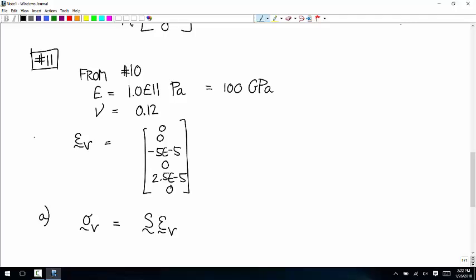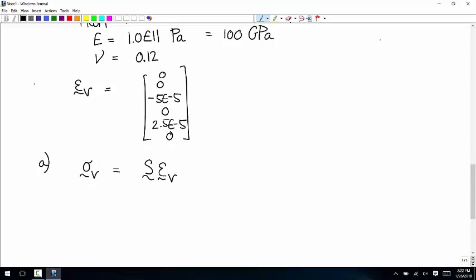So now how do we get that stiffness? Well, we know the compliance matrix is 1 over E. You know, hopefully at some point you'll have this programmed into your calculator, but it's this thing.